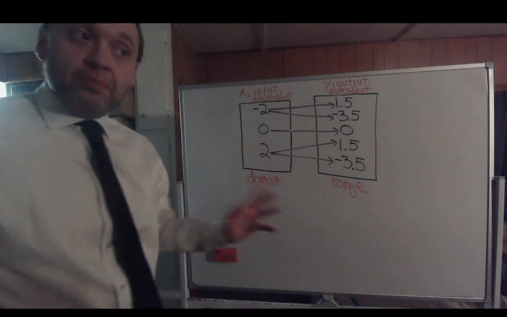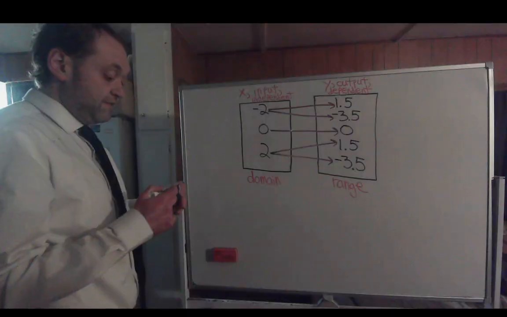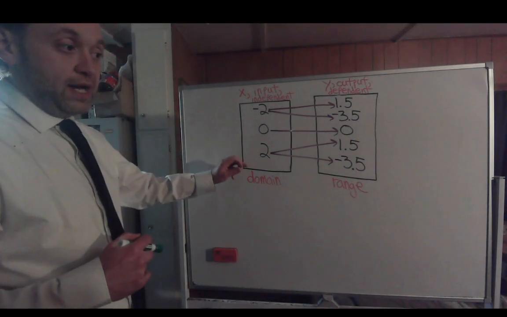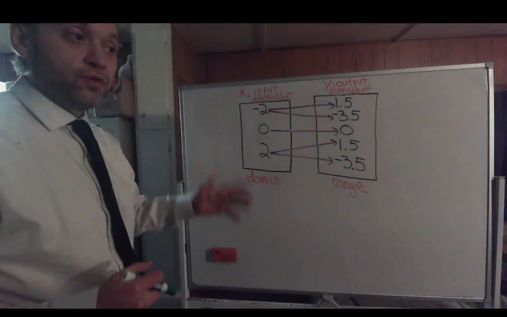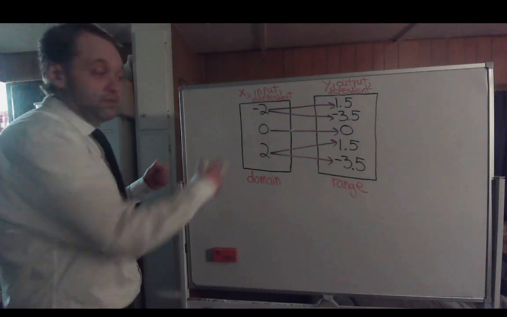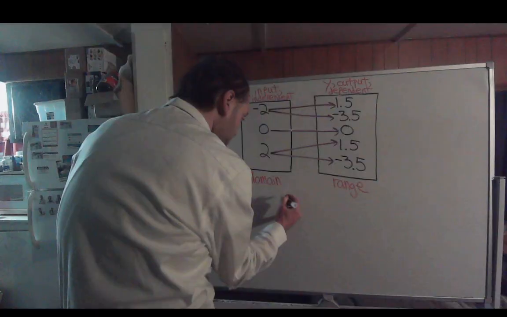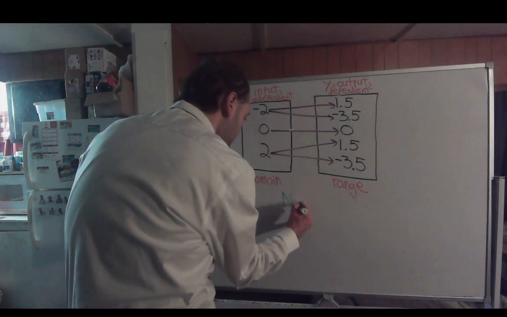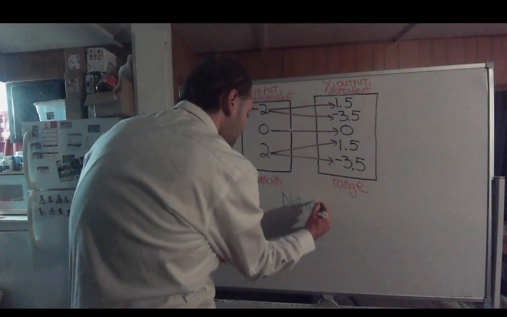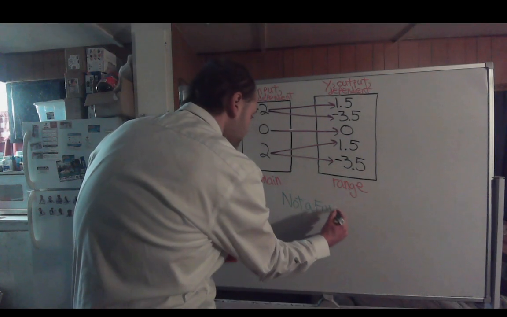So this would not be a function, because if even one of the members of the domain has more than one member of the range, it's not a function. And two of them have more than one member. Definitely, this is not a function. It'll always be a relation, but it's not a function.